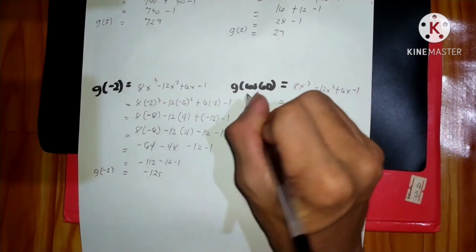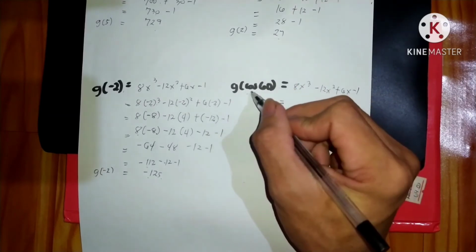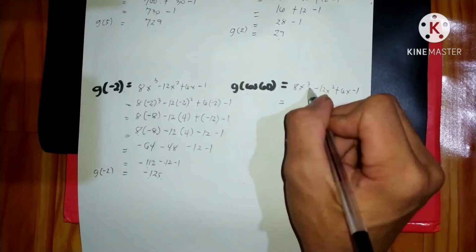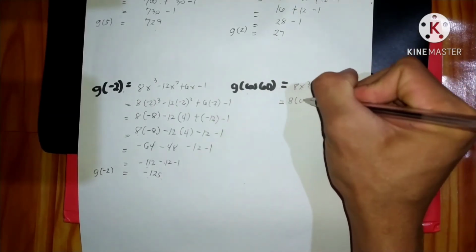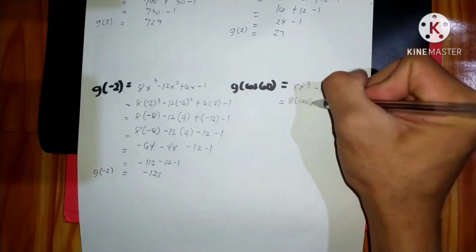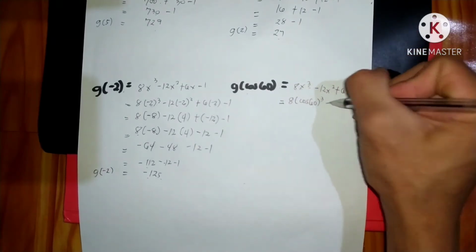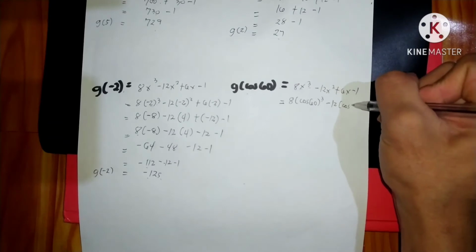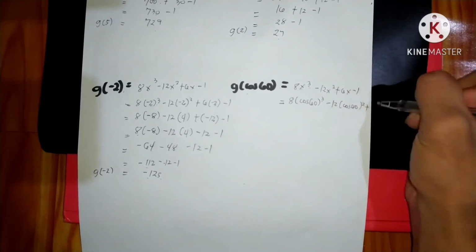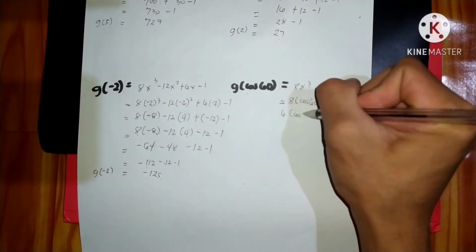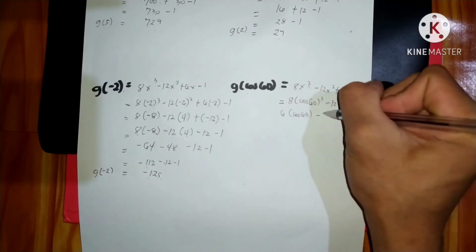So, ganun pa rin gagawin natin. I-substitute natin ang value ng cos 60 into the variable x. 8 times cos 60 cubed minus 12 times cos 60 squared plus 6 times cos 60 minus 1.